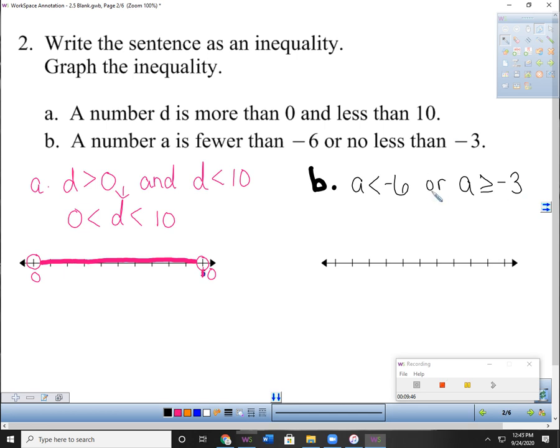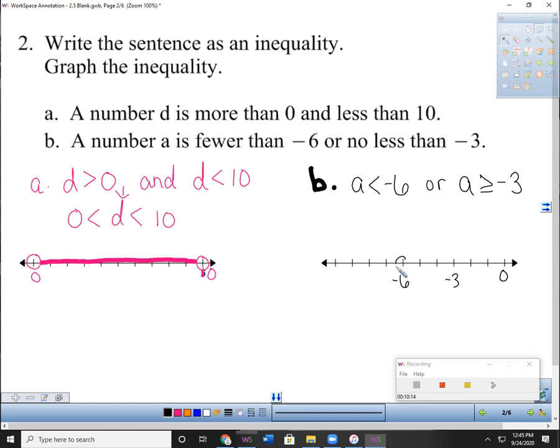Alright, that's an or, which means we're going to have things that are probably going the opposite direction. So I'm going to put 0 way down here, 1, 2, there's negative 3, 4, 5, negative 6. Alright, so I look at the side which is negative 6. I've got A is less than negative 6.